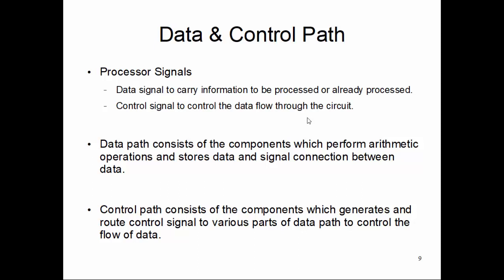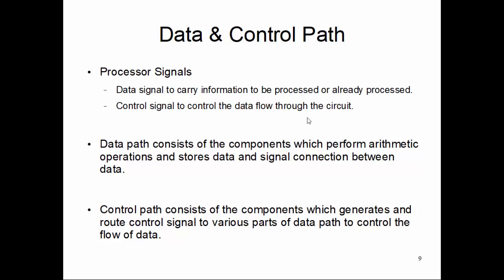That's the control signals and control path. The data path consists of the components which perform the arithmetic operations and store the data, and the signal connections between them. The control path consists of components which generate and route the control signals to the various parts of the data path to control the flow of data.